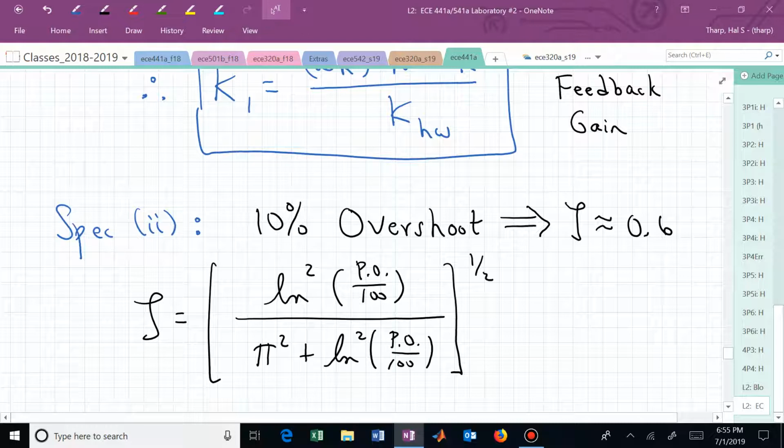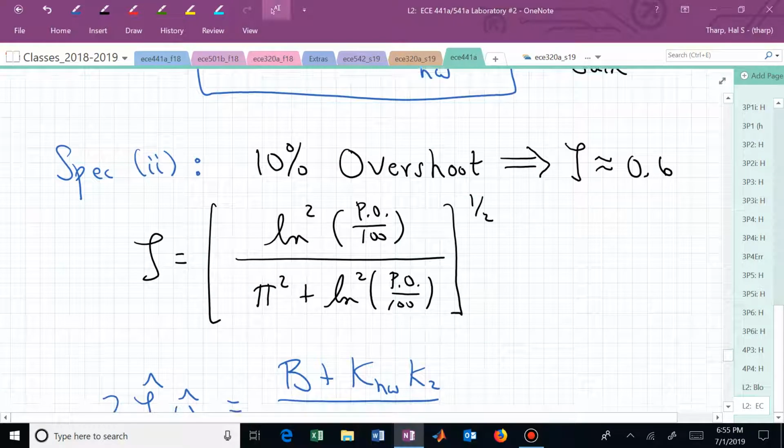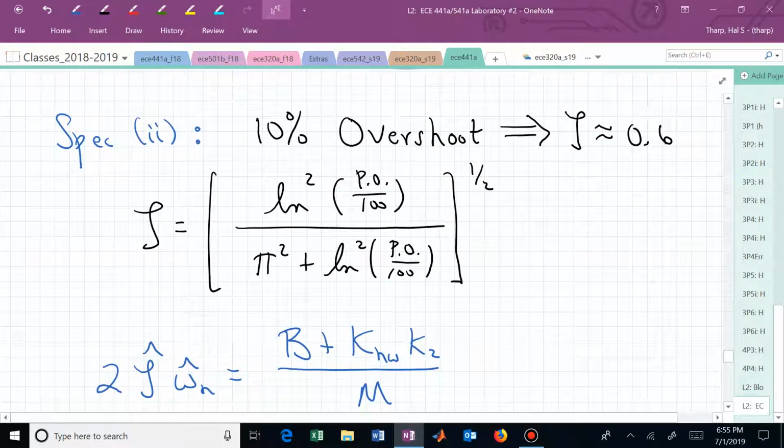If we're after a 10% overshoot, we can plug that into our overshoot formula or look at a particular percent overshoot zeta curve and find that, oh, for a 10% overshoot, we read across and read down, we need a zeta of about 0.6.